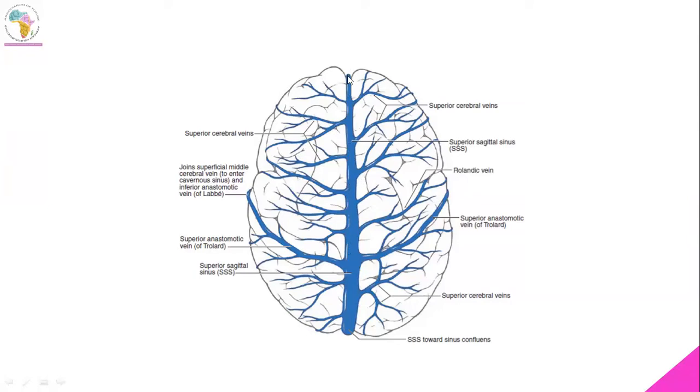It runs along the midline at the base of the falx, from just behind the frontal sinus and goes back all over the midline up to an area we call the torcular herophili. You can see that the veins along the lateral surface of the brain converge into that sinus at different angles.